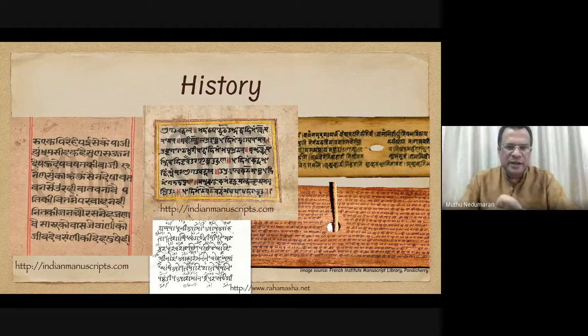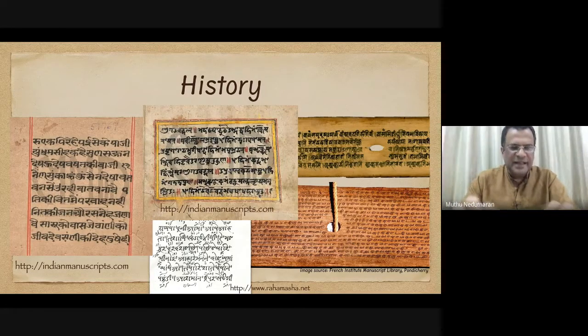So when you move horizontally, it is thin. When you move vertically, it is thick. But the one you see on the palm leaf, you don't see the variation in thickness. It's all uniform thickness because it was written using a stylus pen and the inscriptions are done on a palm leaf. I'll also talk a little bit about how the medium affected the letter forms in a short while.